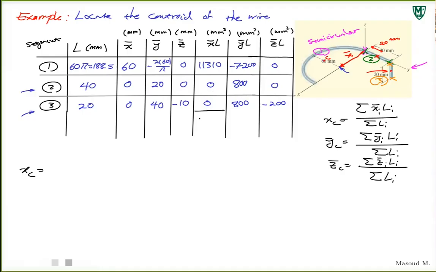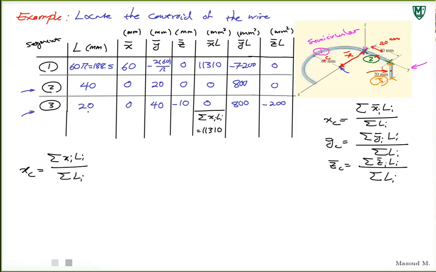If I sum these up, this is the summation of X bar I, LI, which basically gives you 11310. So X bar is the summation of X bar I LI over the summation of LI.